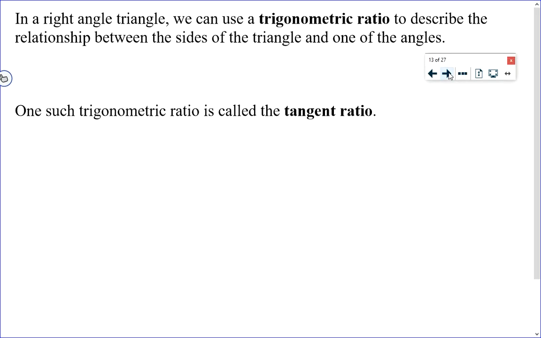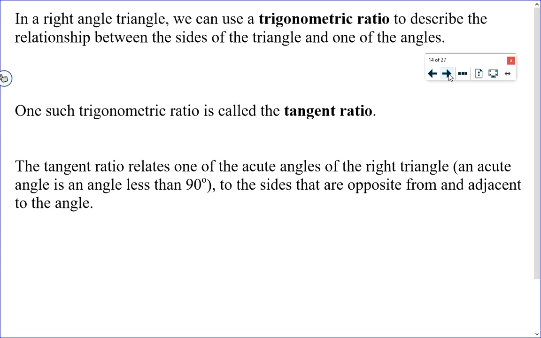And one of these trig ratios is called the tangent ratio. The tangent ratio relates one of the acute angles to the sides that are opposite and adjacent. So there's a mathematical relationship between an acute angle and the 2 sides that are opposite and adjacent.